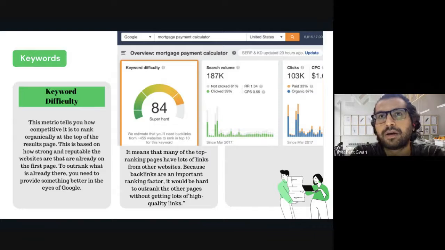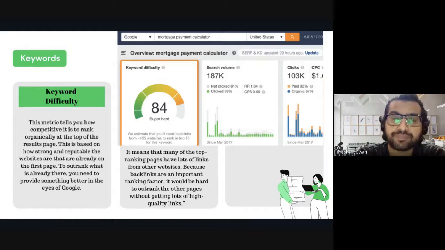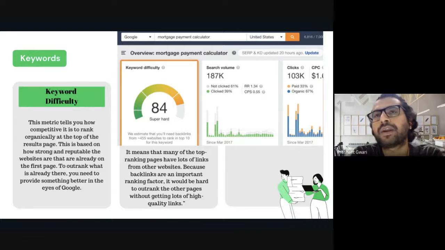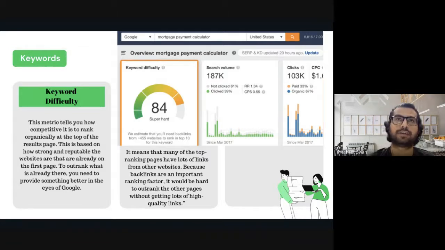Now, there are 200 institutes, everyone is targeting the same keyword, but only 4 to 5 will appear on the first page because there is only place for 4 to 5. Others will appear on the second, third, fourth and fifth page. So if 100 are competing on a single keyword, that means it's a really hard, difficult keyword, and you can find out the keyword difficulty from here.